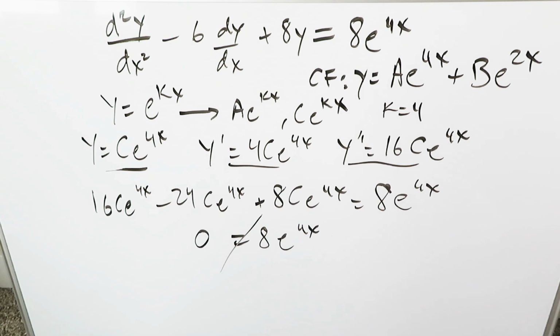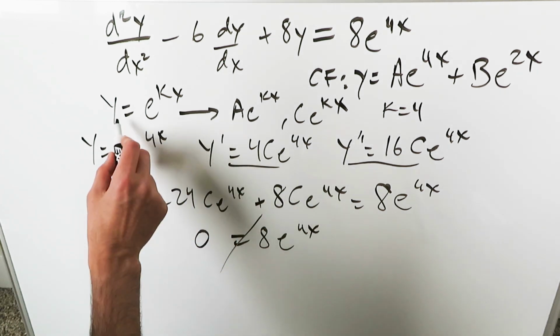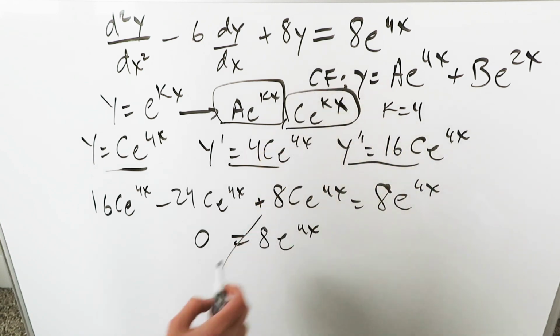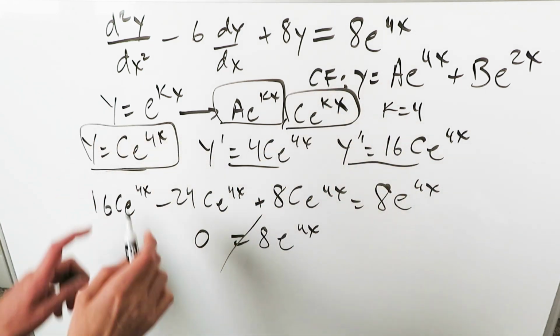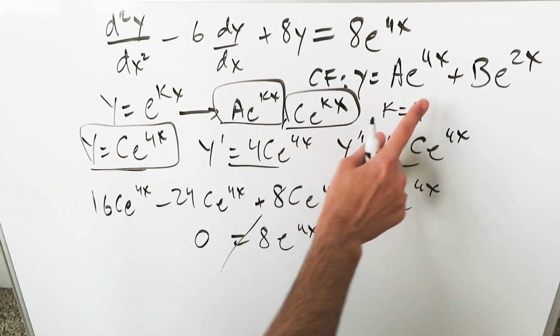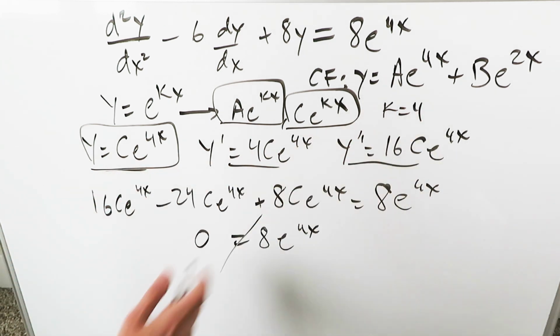So what happened and why did it happen? Look right over here at these items I'm unboxing. When you look right over here, this item right here, this could have been A or it could have been a C, but it mirrors exactly what you have in your complementary function.